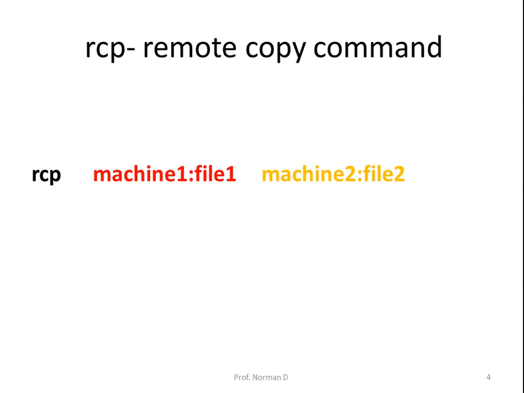For example, a command like rcp machine1:file1 machine2:file2 will copy file1 from machine 1 to machine 2 and give it the name file2 over there. Again here, the movement of files is explicit and requires the users to be completely aware of where all files are located and where all commands are being executed.